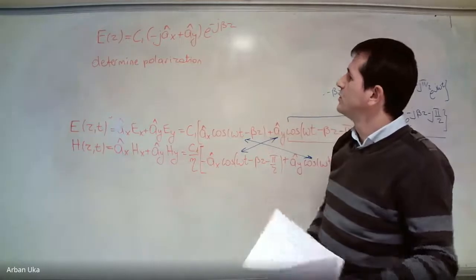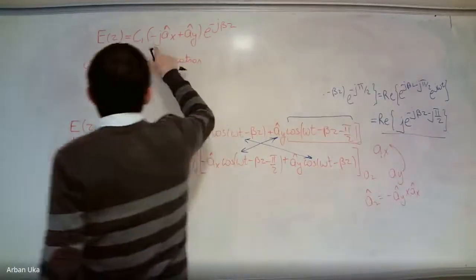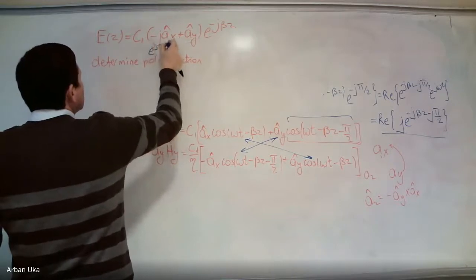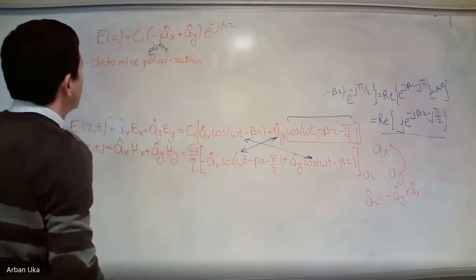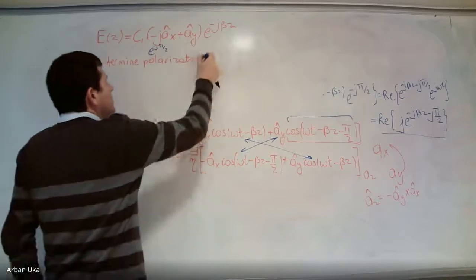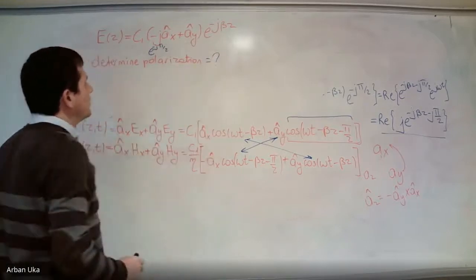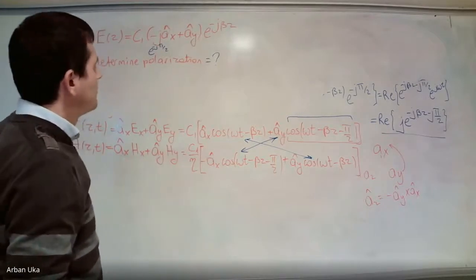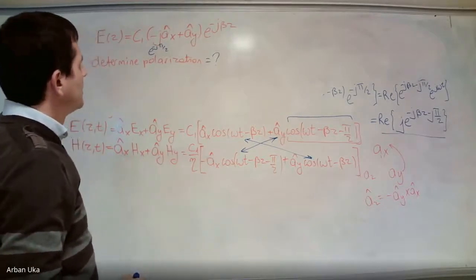Apparently this minus j is e to the power minus j pi over 2, so that term should appear over there. So the first question is that it's something between a_x and a_y, but the delay might determine what we're going to deal with.